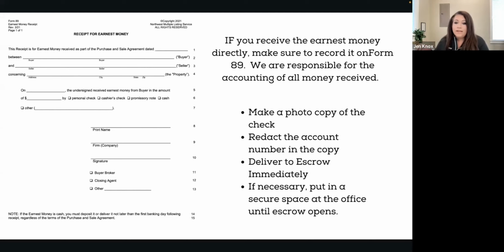Once escrow is open, it would be delivered immediately to escrow. So if you're holding on to that check during business hours, make sure you're driving it straight over to where it needs to be. If necessary, like I said, put it in a secure place. Again, reach out to Jason or Joe to find out where that secured place may be. But again, ideally, we want escrow to be the ones handling earnest money.